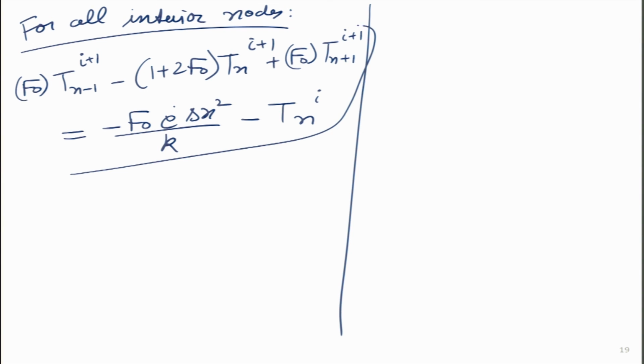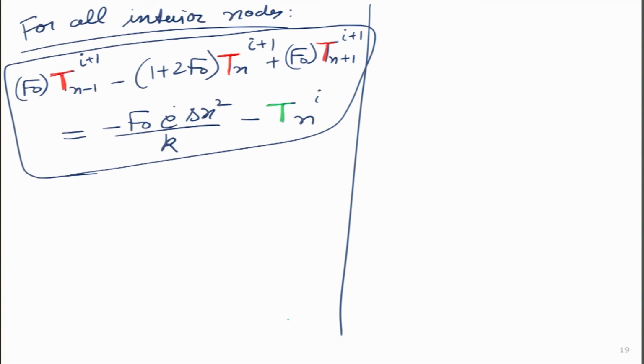I will put a box over here. This is what we have figured out as the general equation, where these are the unknowns. I will put in red over here, and all others are known including this one. This is known to me.